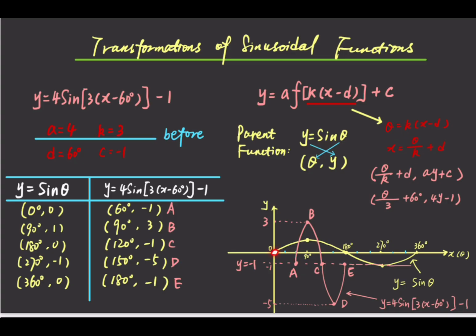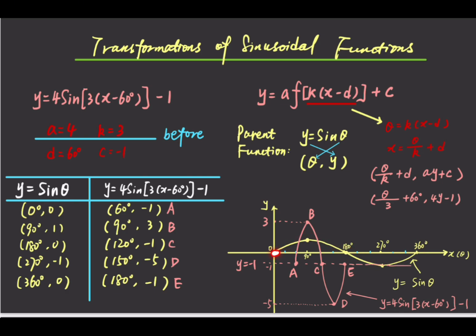That is, 3 zeros, 1 highest point, 1 lowest point. So they are 5 critical points. The corresponding y-coordinates should be 0, 1, 0, -1, 0. So we can figure out the corresponding coordinates for every point.